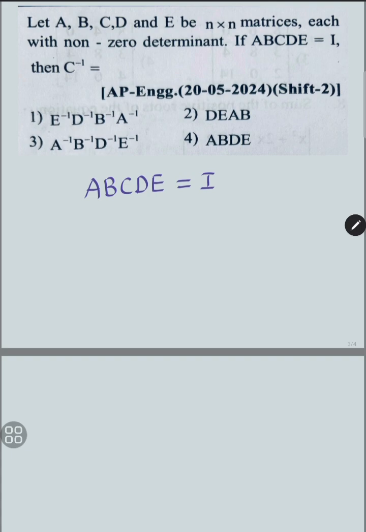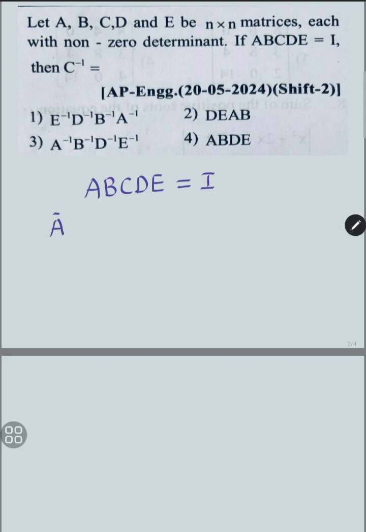To get C inverse, we need to eliminate A, B and D, E. In the LHS, the first matrix is A and the last matrix is E. So what we are doing is pre-multiplying with A inverse and post-multiplying with E inverse.